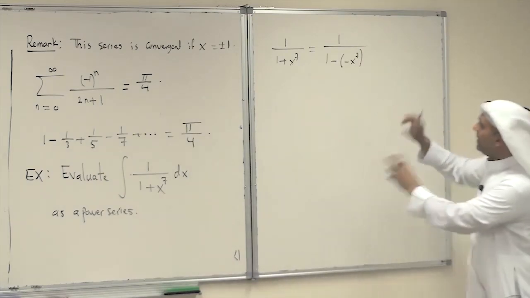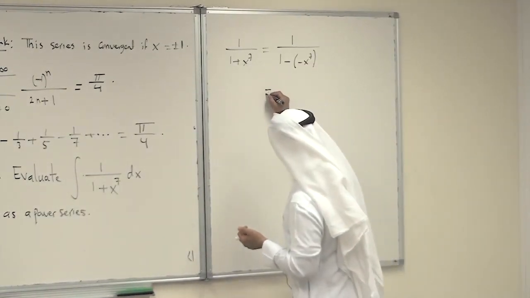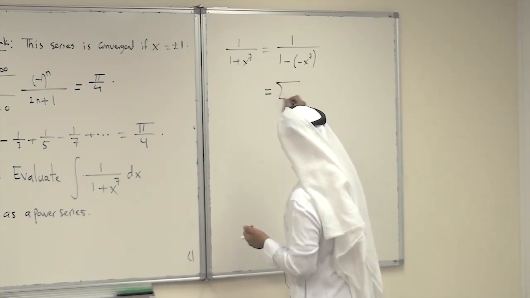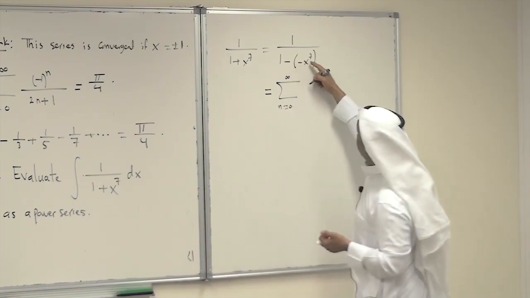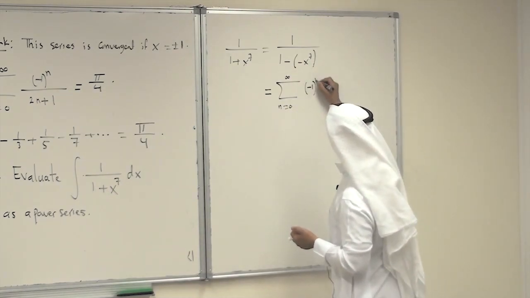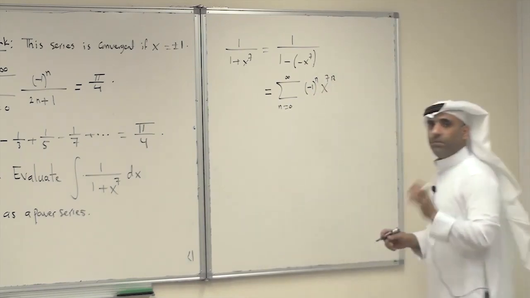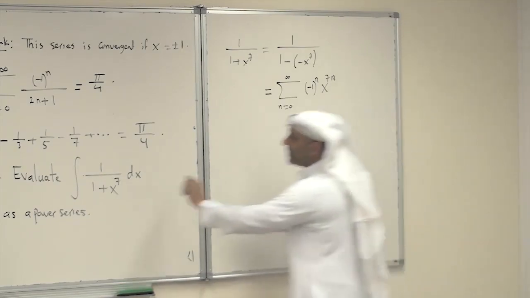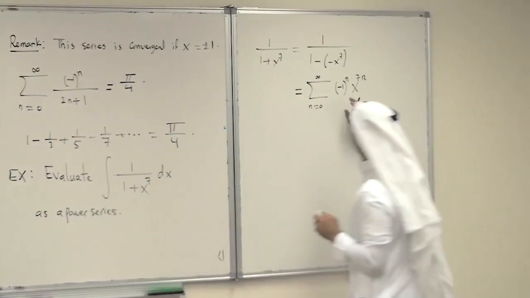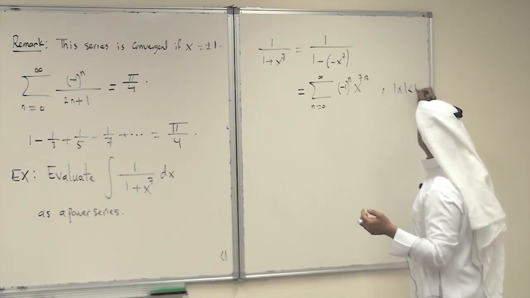This is what we have, just rewriting it in that form. So this can be written as the summation of n equal to 0 up to infinity of minus x to the power 7 to the power n, or minus 1 to the power n, x to the power 7n. Fine. Meaning, I can represent the function inside by a power series. This is true, again, if the absolute value of x is less than 1.